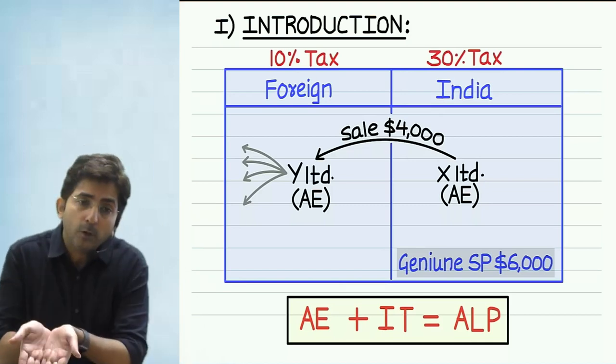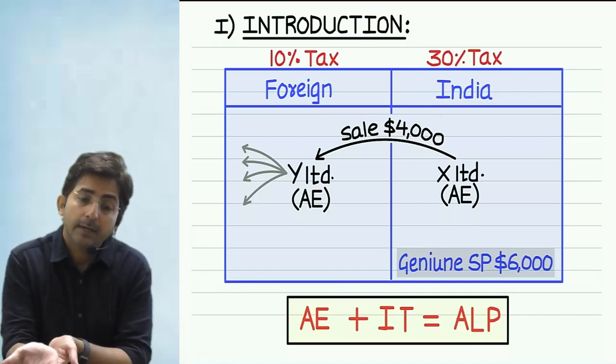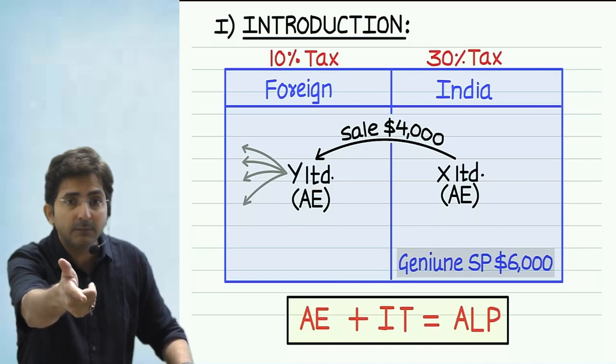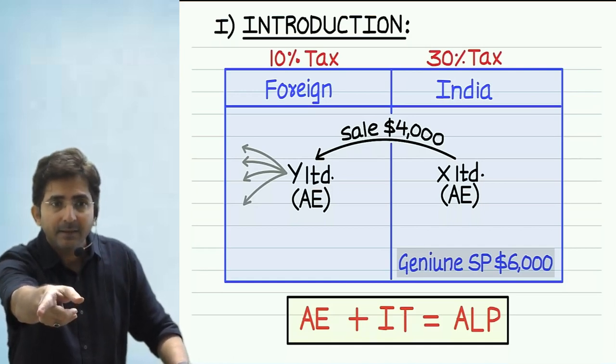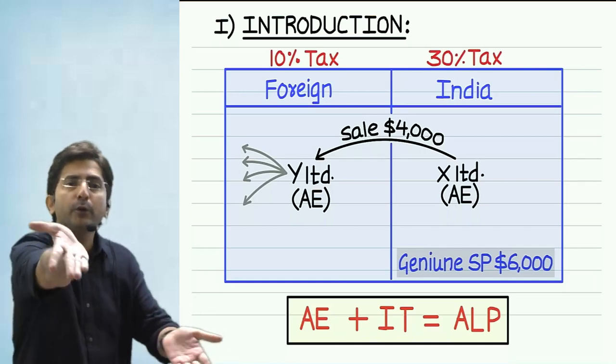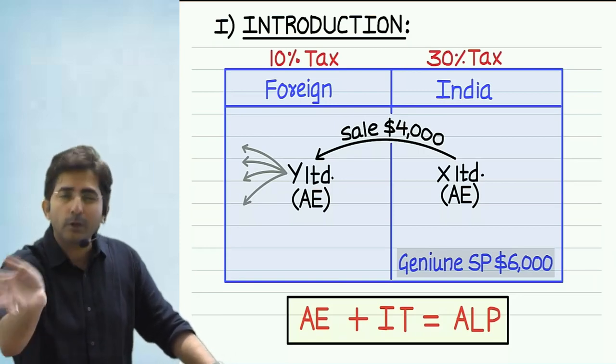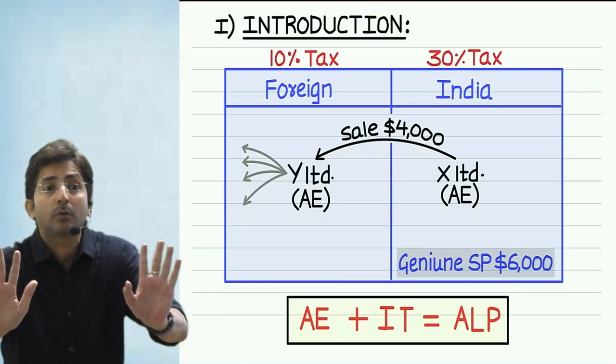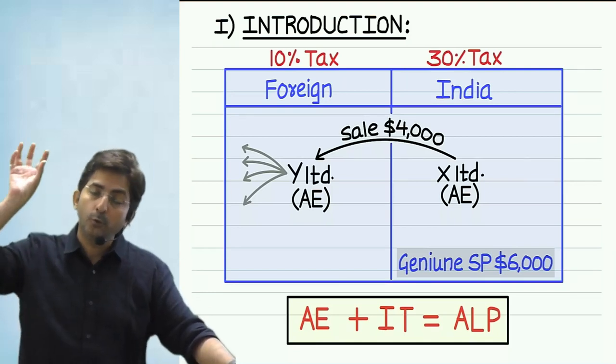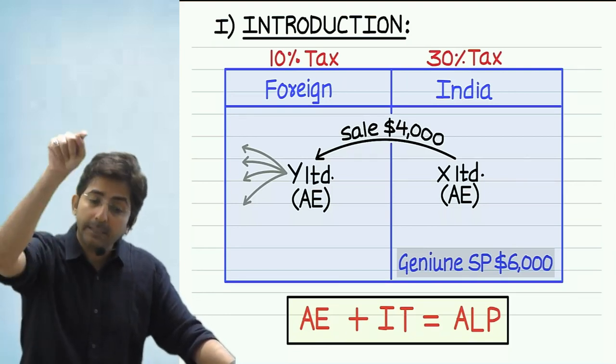Similarly, for ALP also, you have entered into a transaction with your AE, and it's an international transaction. You compute ALP first. Now whether he will compute or not, that's his lookout. But the law has put the duty on the assessee that you compute.